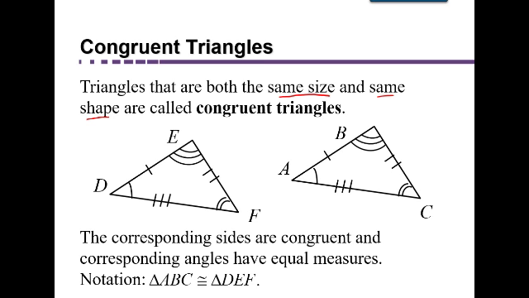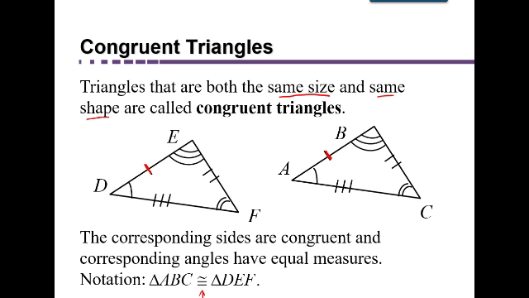In order to indicate that the corresponding sides have the same length, you see how we mark these little marks on here. So this would indicate that the side DE is the same length as the side AB. And the way that we indicate congruence is with this symbol. It looks like an equal sign, but with a little tilde over it.